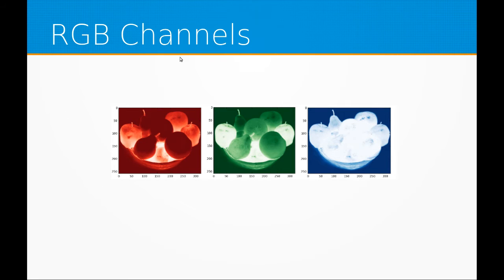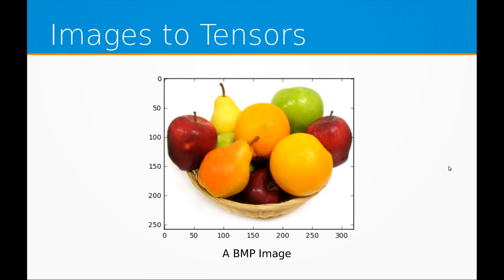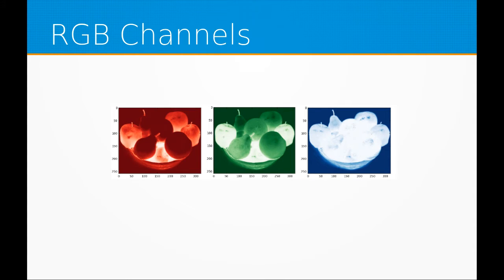This is the red channel, which is the intensity of the red color component of each pixel. This is the green channel, and this is the blue channel. So if you take a 3D RGB image like this, for each location you have three numbers which say the red intensity, green intensity, and the blue intensity, and this constitutes an image.